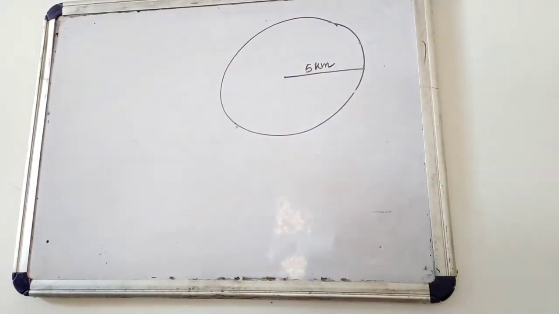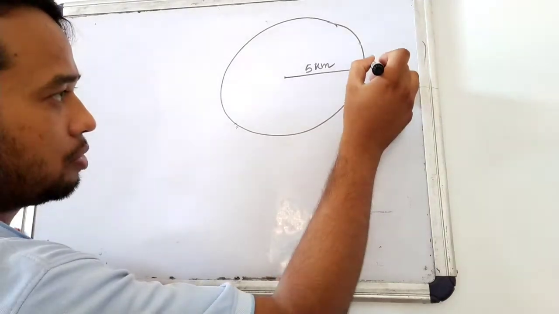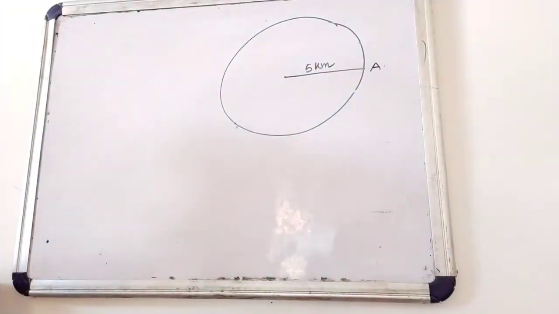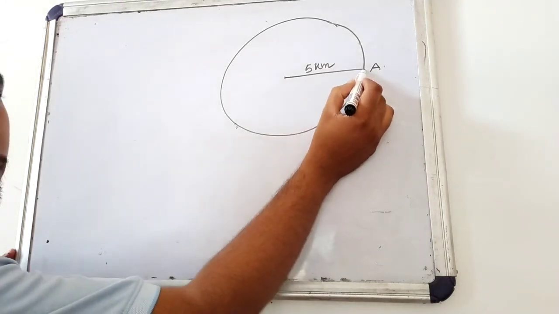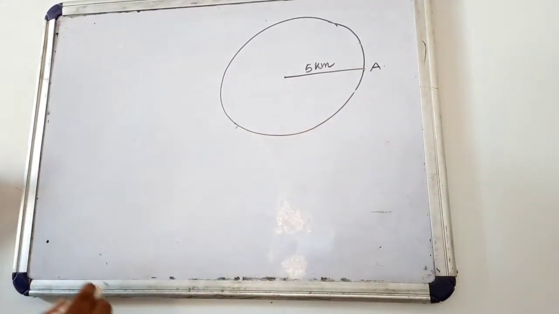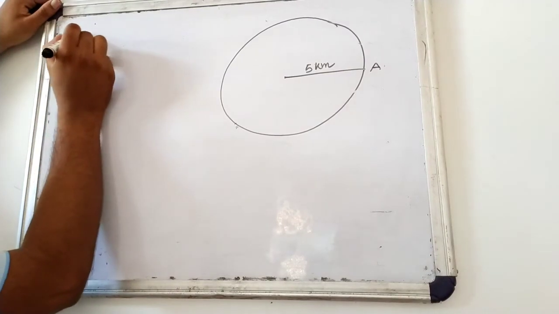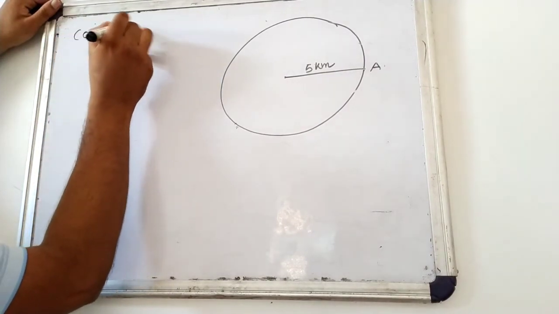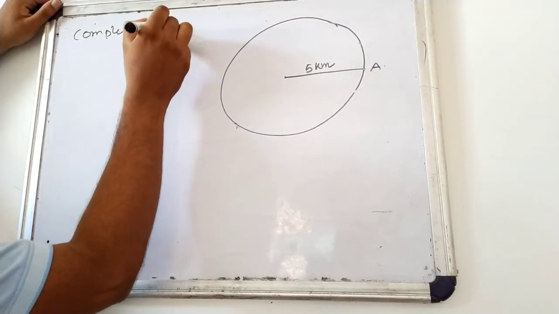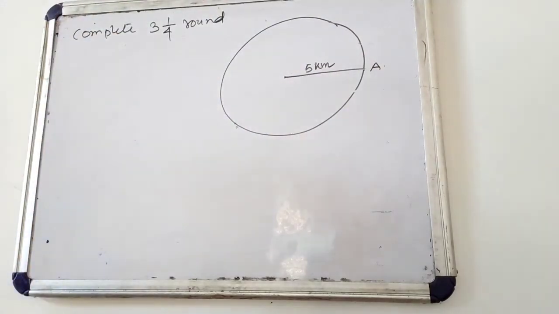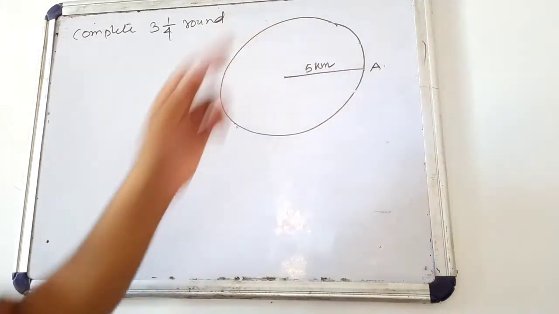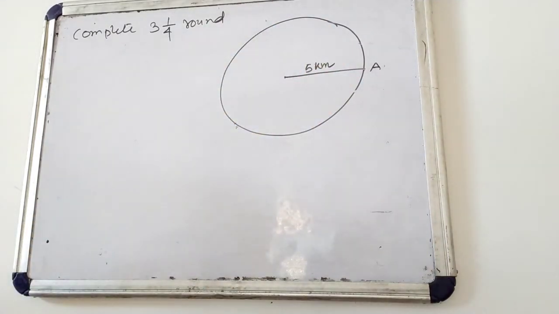Okay, suppose this is the point A. The rider starts to ride his bike from the point A, then completes 3 1/4 rounds. He starts from A and completes 3 1/4 rounds. Then in this case, what will be the distance and displacement?